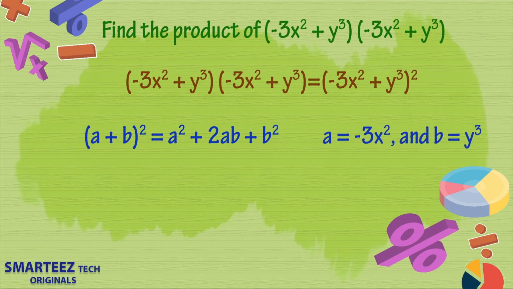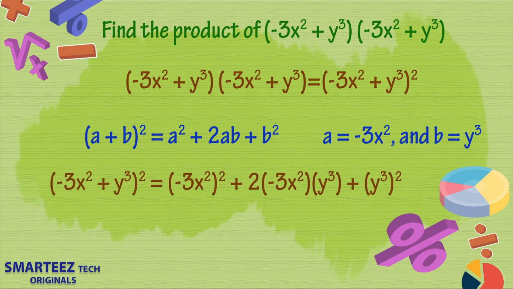Here, a equals negative 3x squared and b equals y cubed. So (negative 3x squared plus y cubed) the whole square equals (negative 3x squared) the whole square plus 2 times negative 3x squared times y cubed plus (y cubed) the whole square, which equals 9x power 4 minus 6x squared y cubed plus y power 6.